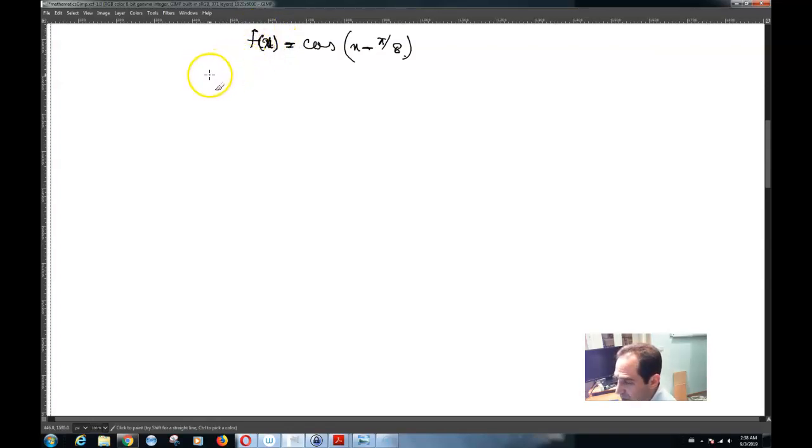So you want d by dx of f of x, which is equal to the limit of f of x plus h minus f of x over h as h tends to 0.